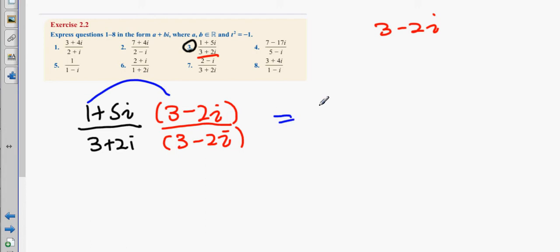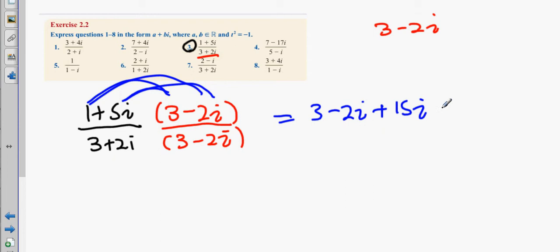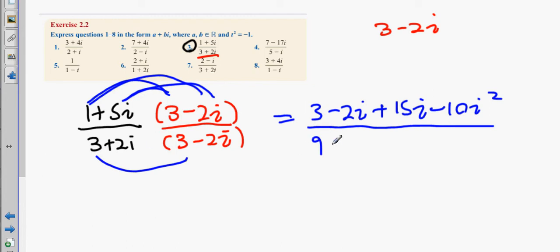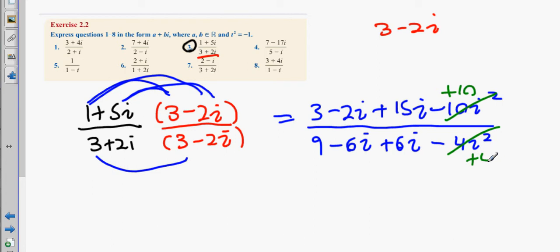What we're going to get is 3 minus 2i plus 15i minus 10i squared. And on the bottom, we're going to have 9 minus 6i plus 6i, and then minus 4i squared. Now, minus 10i squared is plus 10, and minus 4i squared is plus 4, because remember, i squared equals minus 1.